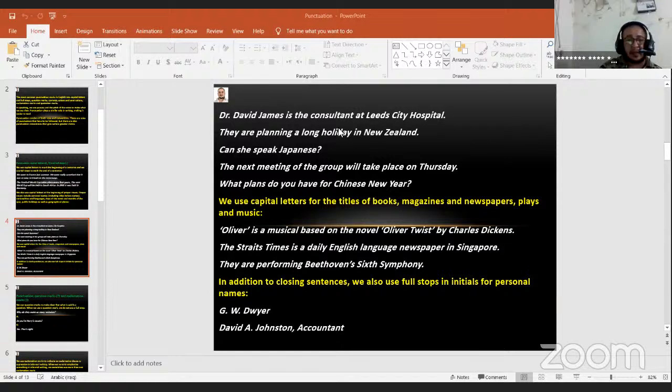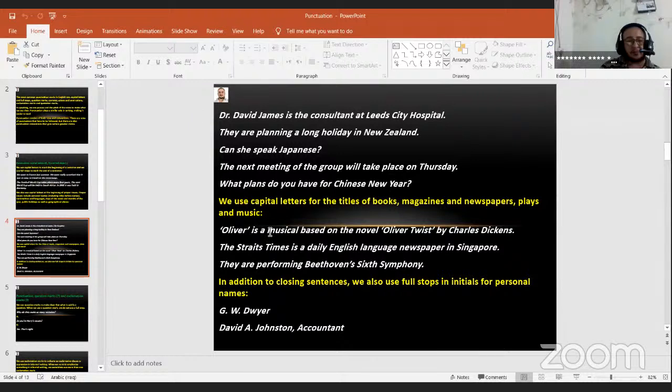They are planning a long holiday in New Zealand. Can she speak Japanese? The next meeting of the group will take place on Thursday. What plans do you have for Chinese New Year? Chinese New Year, C, N, and Y, because it refers to a specific public holiday. For example, Christmas is a specific event. That's why we capitalize the C of Christmas.